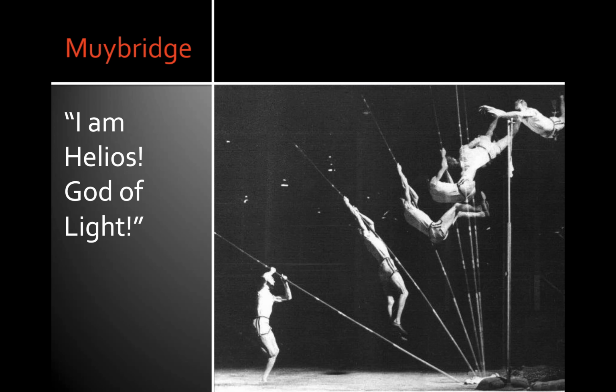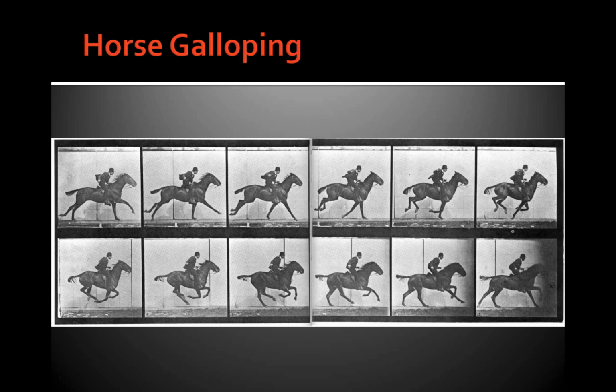So what he actually did was he used tripwire systems so he could take these photographs of things moving through space and time. So as the exposure times dropped, they could do more to show different subjects and then show motion as well. And his quote here, by the way, "I am Helios, god of light." He was just a very full of himself kind of guy.